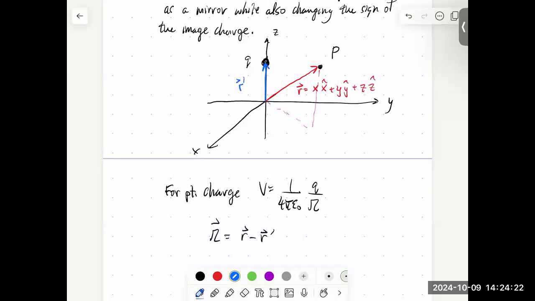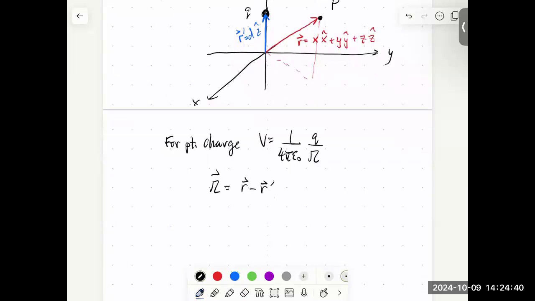Our source charge is right on the Z axis, and we said we were going to place it at distance D above the XY plane, so we write it as D times z hat.